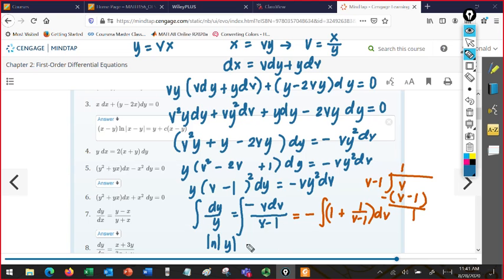Mahaba siya gawin. So, this is negative v minus ln of quantity v minus 1. Kaya ganun yung sagot. So, when we apply the properties of log, may plus c pa, kahit nandito na lang sa kaliwa. Mahaba pa.